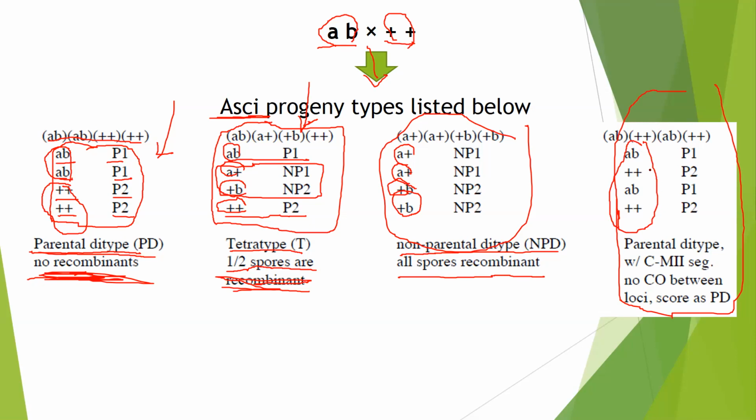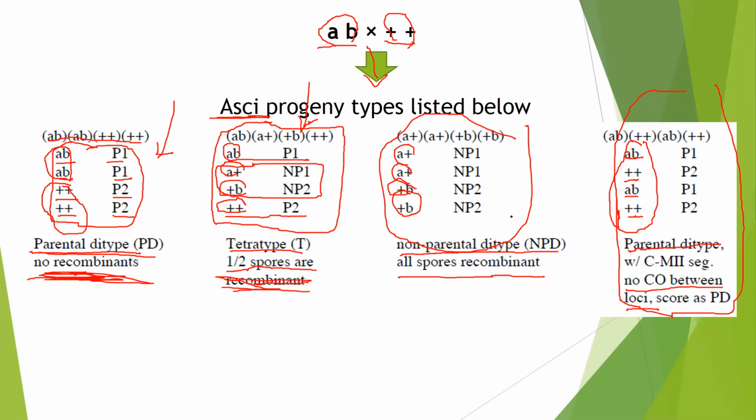Even though there's a crossing over, it did not occur between these 2 genes, A and B. So if you look at the genotype for these 2 genes, they are all parental type. So still they are parental ditype. There's a crossing over, but no crossover between these 2 loci. If we just want to calculate the distance between these 2 loci, this doesn't contribute.